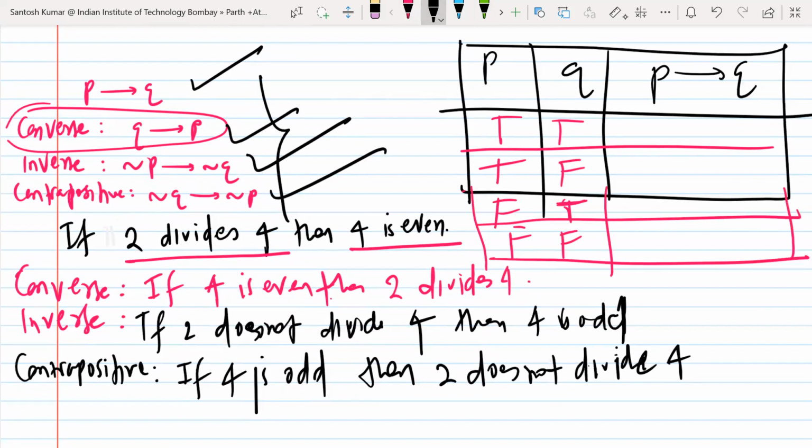What is true implies true? True. What is true implies false? False.